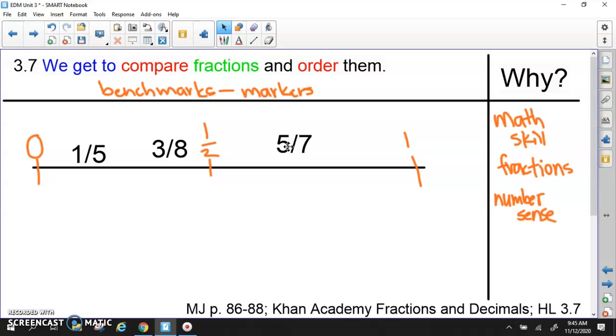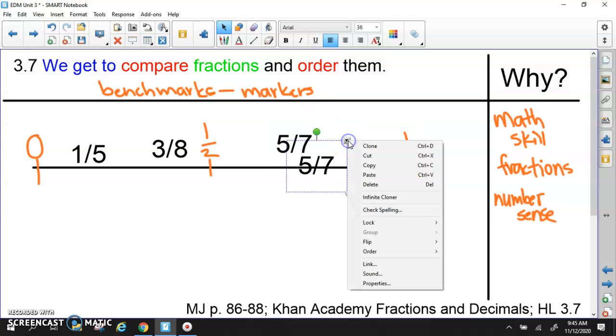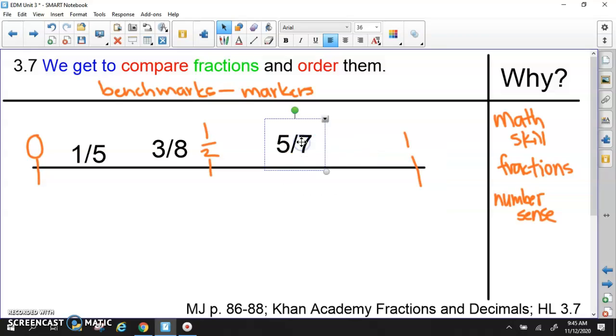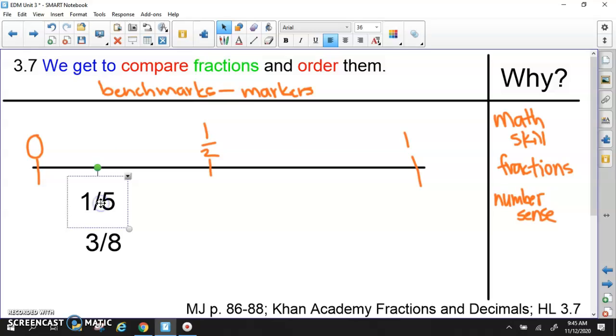All right, I'm going to show you some magic with fractions now. Fractions are really, really cool. Here's something I noticed about these two fractions. You guys remember when we talked about multiples, right? And this is that number sense in my mind.